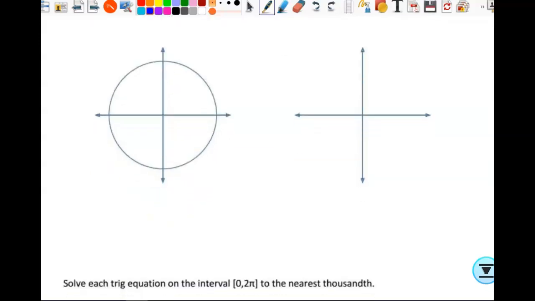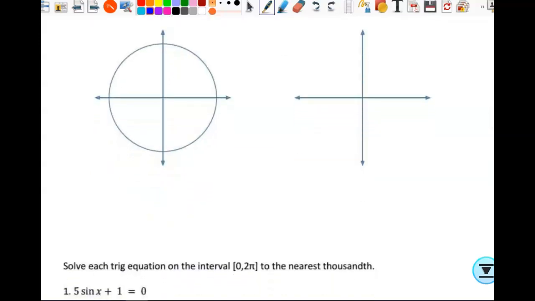So on here, we know that we go from 0 or 2 pi. Then we know that this is pi, and this is pi halves, and this is 3 pi halves, right?